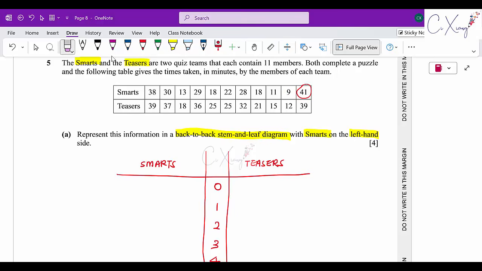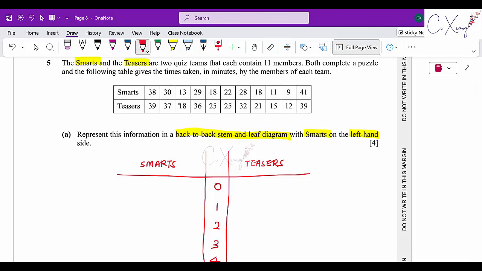Then you try to plug in all the values one by one into the diagram by putting them as leaves. Okay, so like SMART is 38. So you're having a 3 here, you need to put an 8 on the left-hand side, on this side, right? Then of course, all your leaves must be arranged from smaller to larger value.